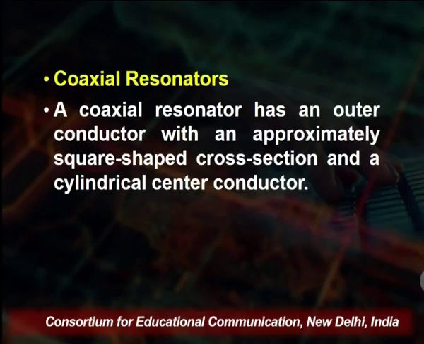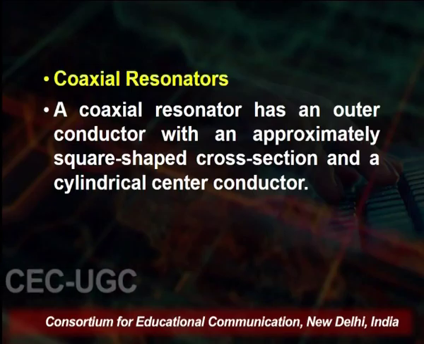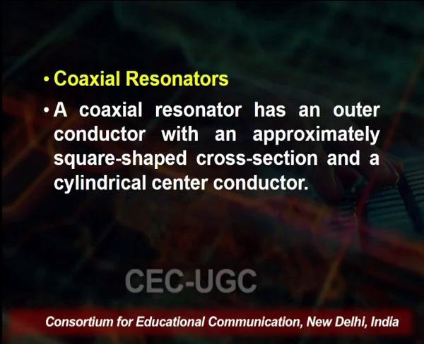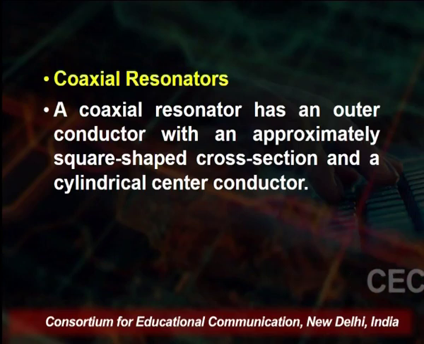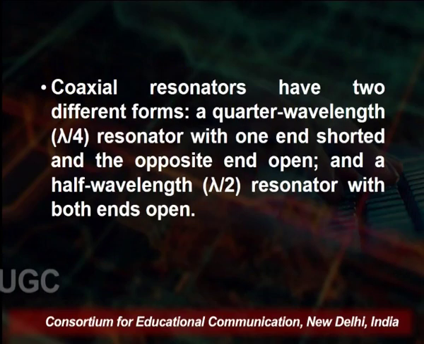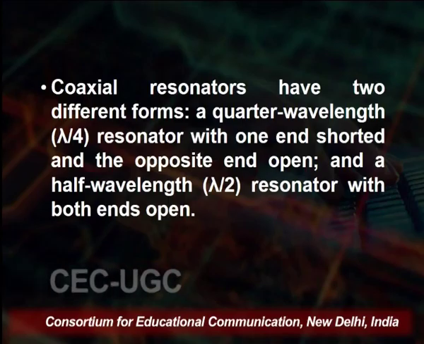So, a coaxial resonator has an outer conductor with an approximately square shaped cross section and a cylindrical central conductor. Coaxial resonators have two different forms.